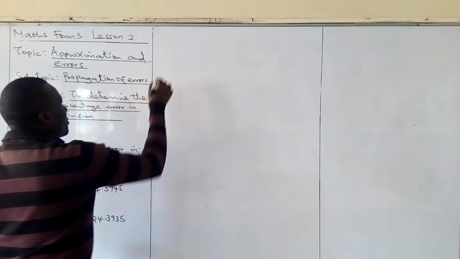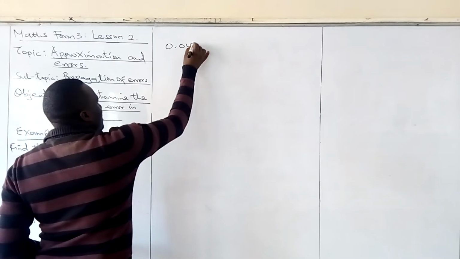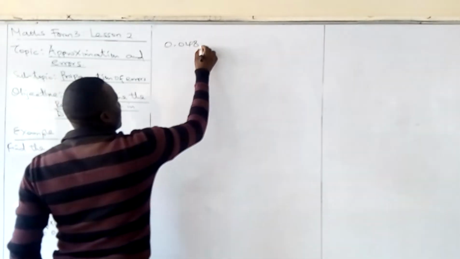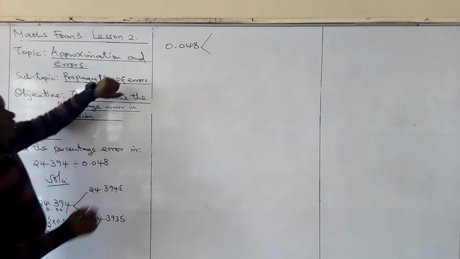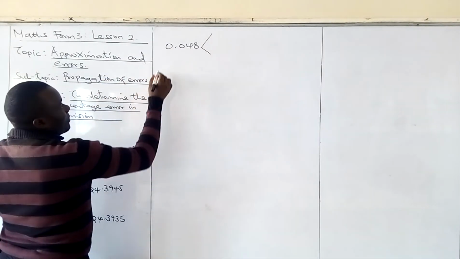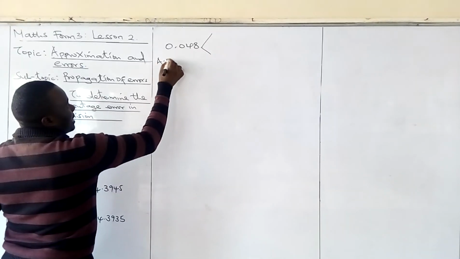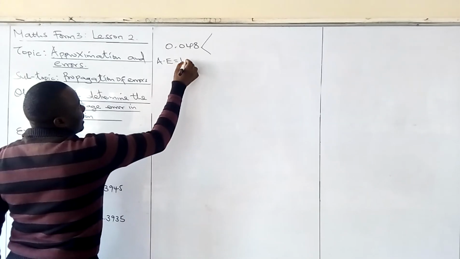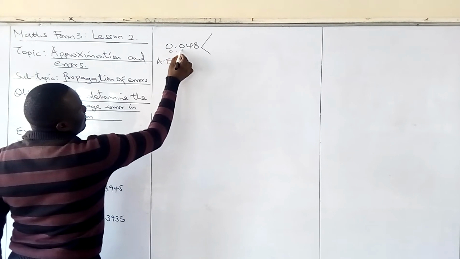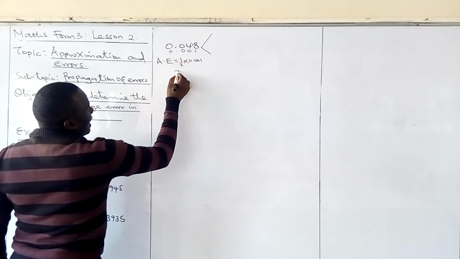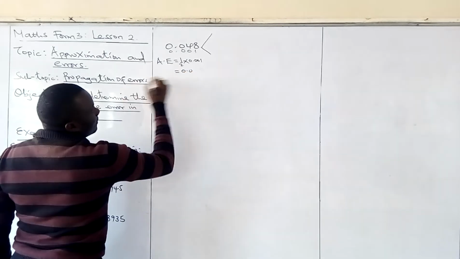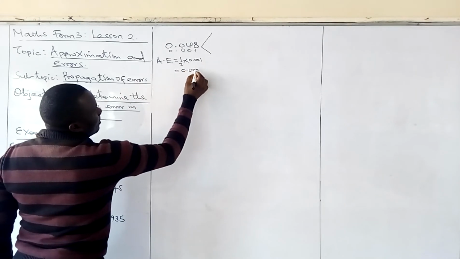So let's go to 0.048. How do we obtain the upper and the lower limits? We first obtain the absolute error, which is a half times 0.001. Half of which means 0.0005.